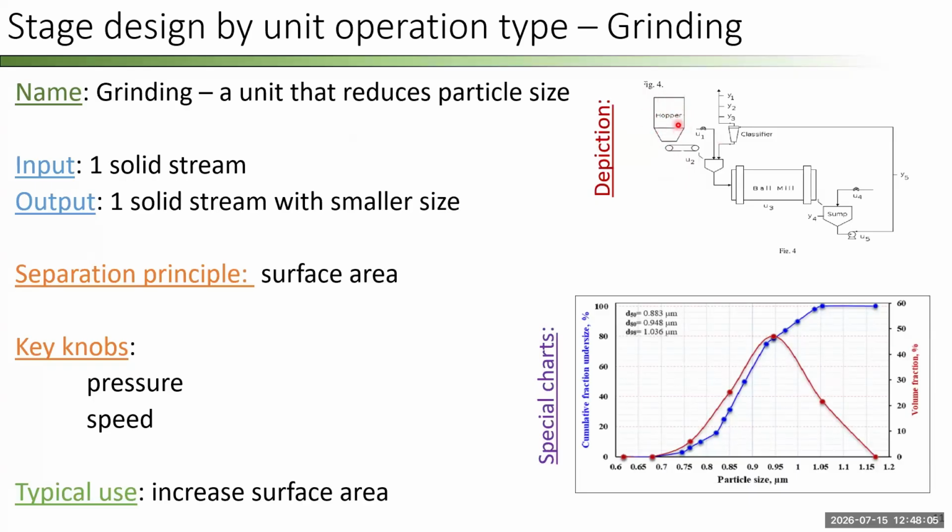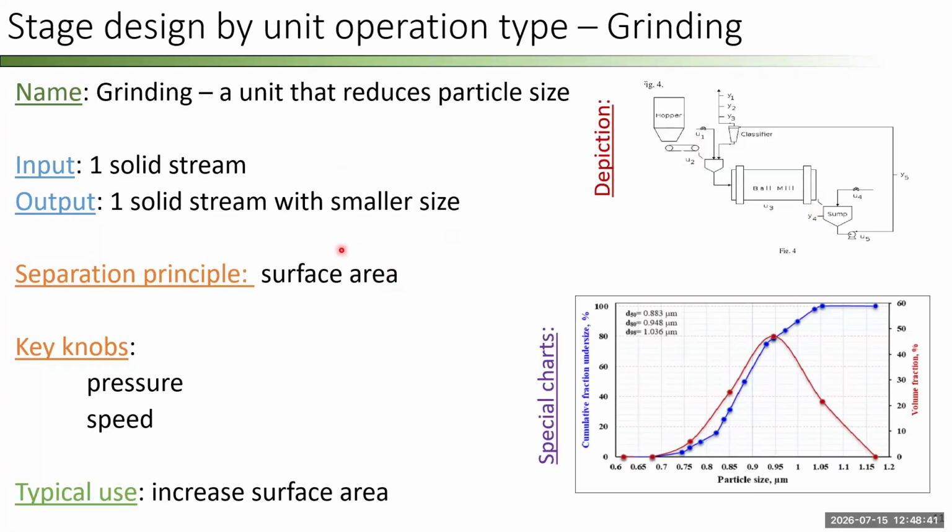I take some plant materials, and then I send it through maybe some sort of ball mill or essentially an industrial sized blender or something that will crush things in here. So I start with one solid coming out of the hopper, and I end up with a solid that has a smaller particle size.